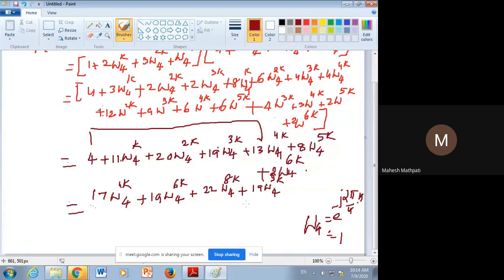So this will be equal to 17 multiplied by 1 plus 19. How can we write this? What can I write for this part? Instead of 4, if 6 is there, then again I am writing it as 6.